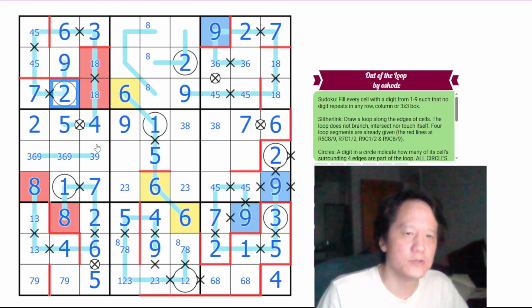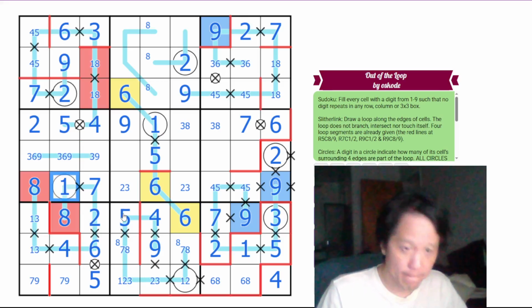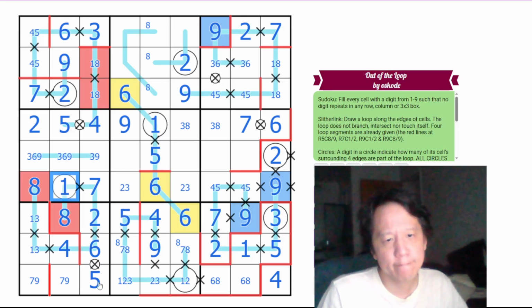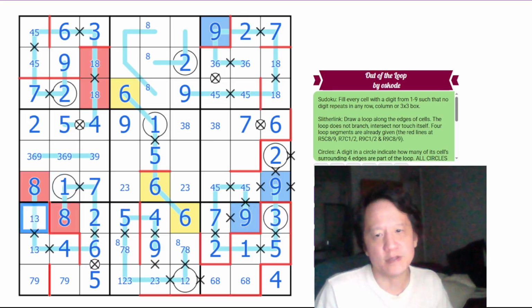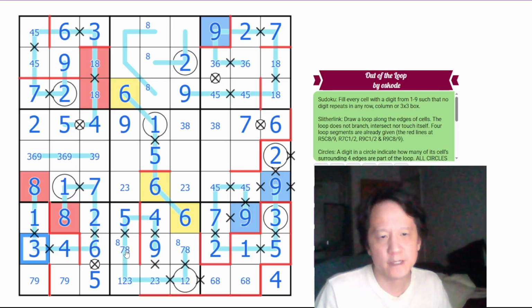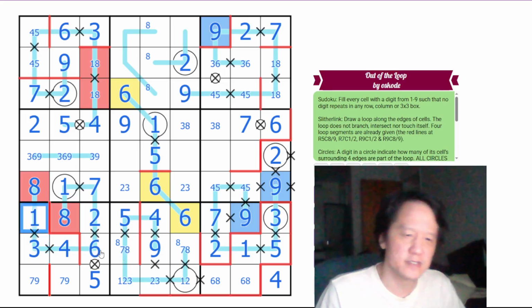This has two slither links around it. We don't know which one. This has one. This 3 means this can't be 3. This is 1, which makes this 3. This cannot just have a single slither link around it.